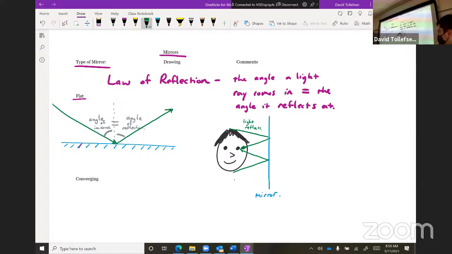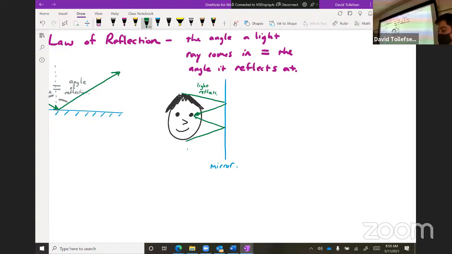But your eyes don't see the reflected light, right? Your eyes just assume that the light was coming from a straight path. So if you take it back, what your eyes see is the light looks like it's coming from behind the mirror.